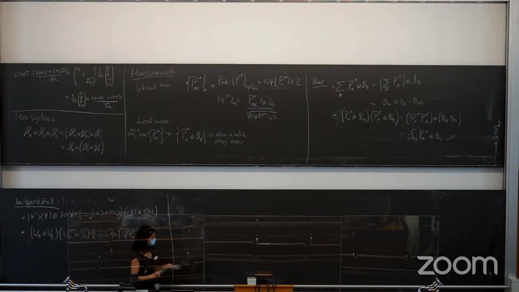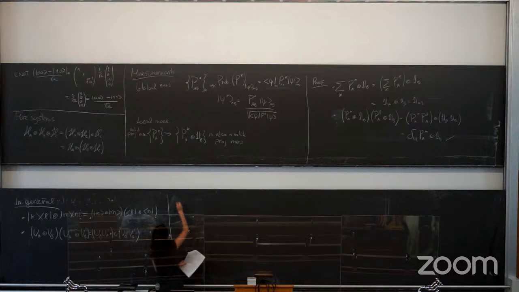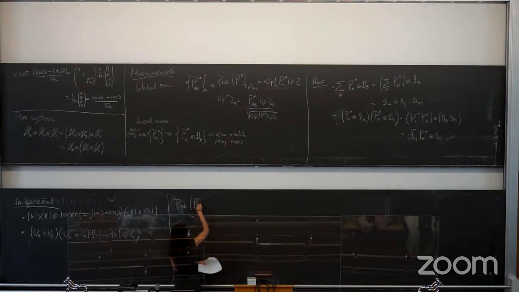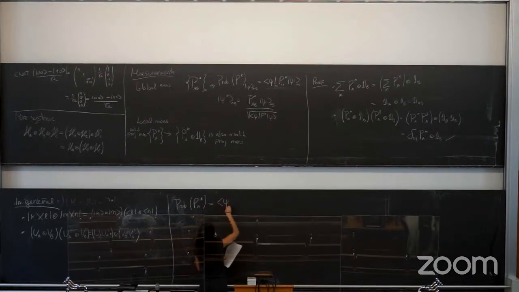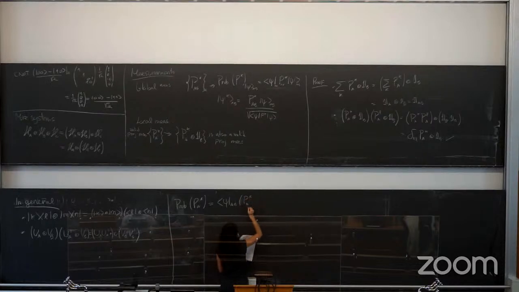Okay, so now we just discovered that that thing is a valid measurement. So the same rules apply, which means that the probability of getting this outcome K when I measure just system A is this, P_K on A, identity on the second.